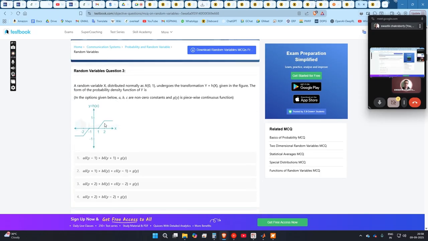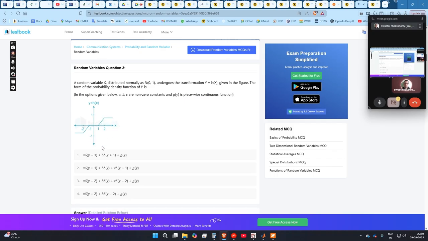These are the 5 pieces of this function. So starting here it is y equal to minus 1. Then we have y equal to x plus 1. Next we have y equal to 0. Then we have y equal to x minus 1. And then we have y equal to 1. So these are the 5 pieces of this function.